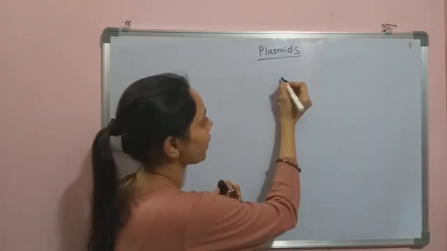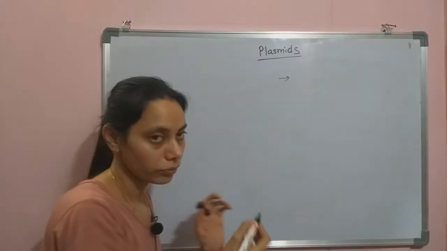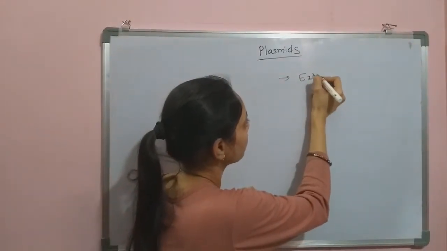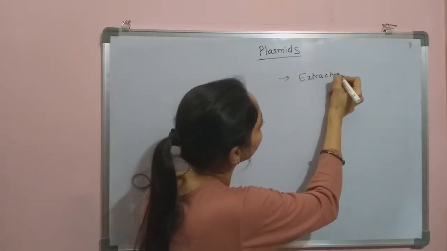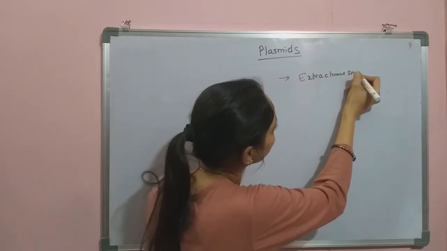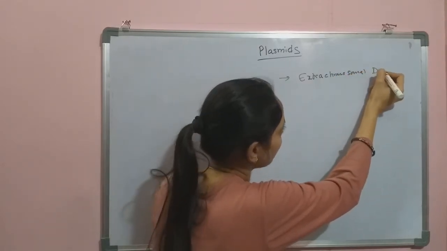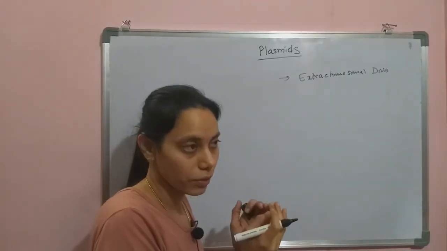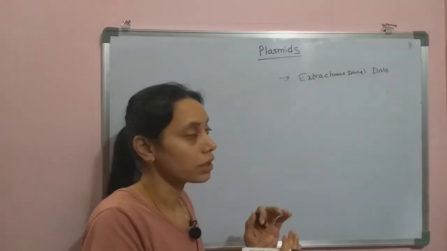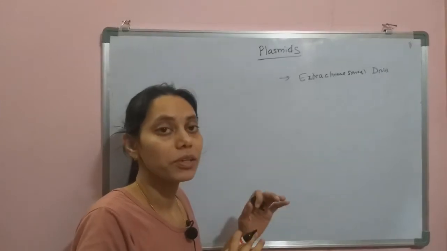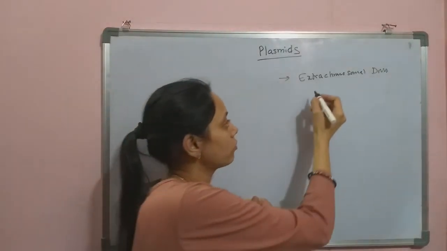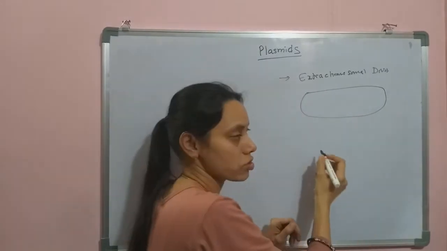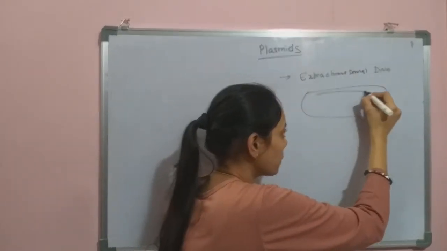So, here these plasmids are basically extrachromosomal DNA. That means these are not part of the main genomic material. So let us consider this as the bacterial structure, which has a cell wall.